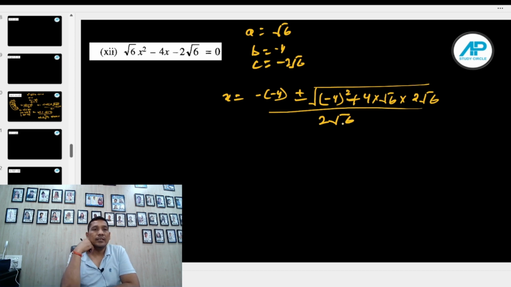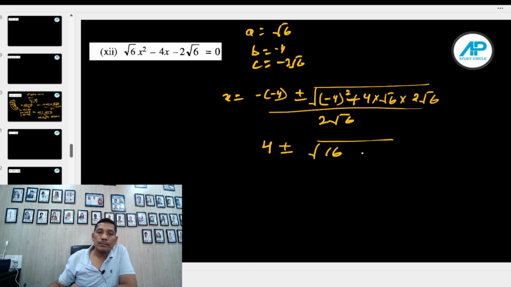I hope you understand that. Minus of minus 4 plus minus root of b square minus 4ac. So b is minus 4 plus minus 4 into root 6 into 2 root 6 upon 2 root 6. Four times 2 is 8, times 6 is 48.